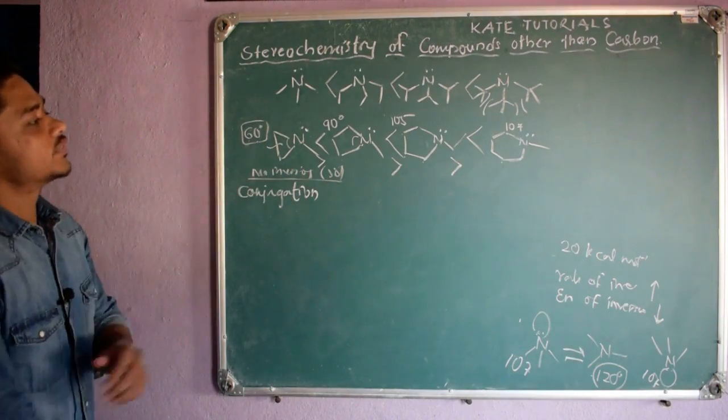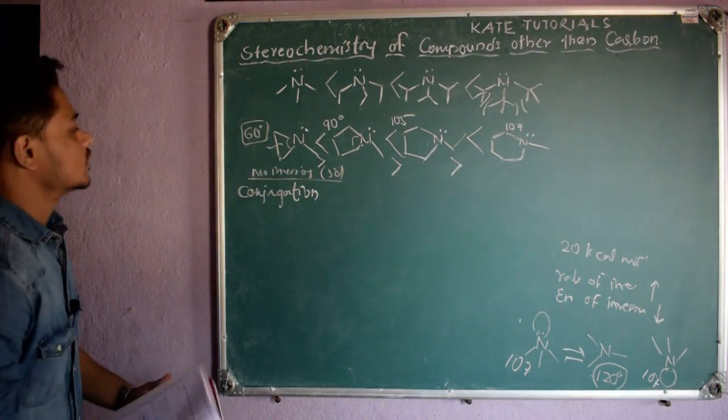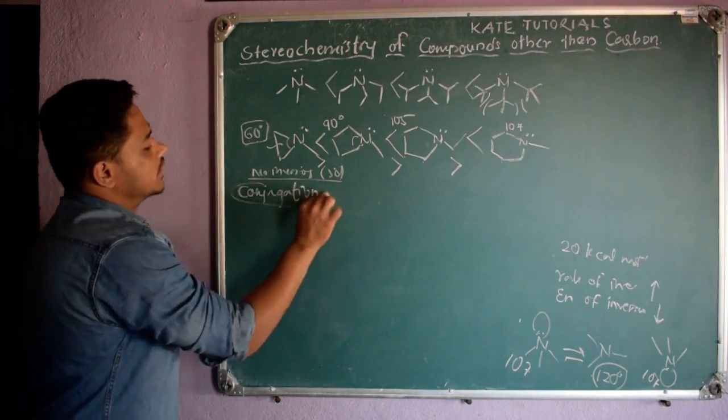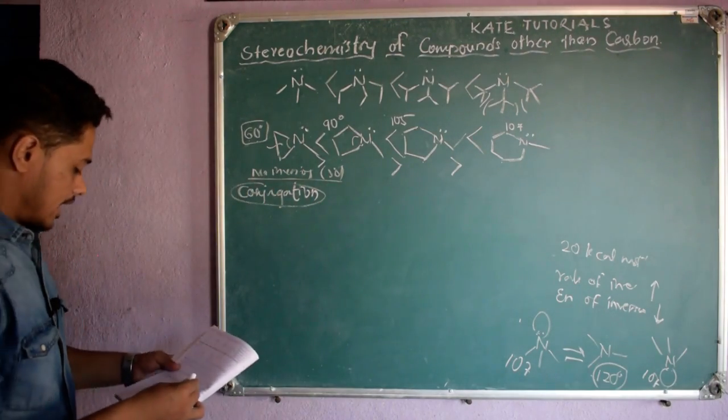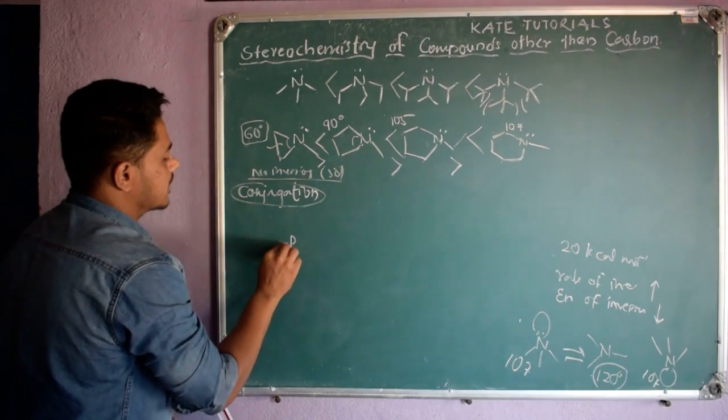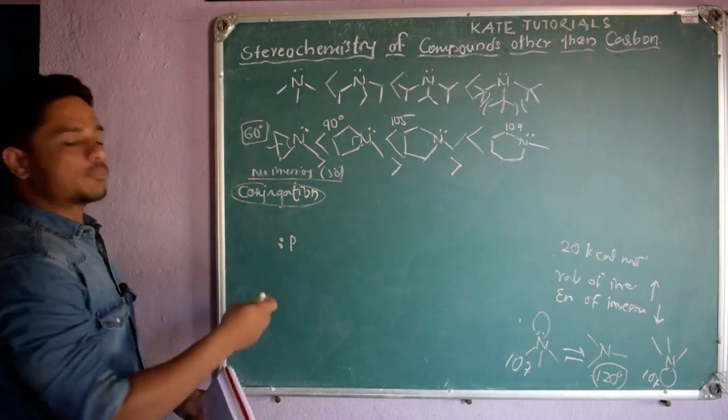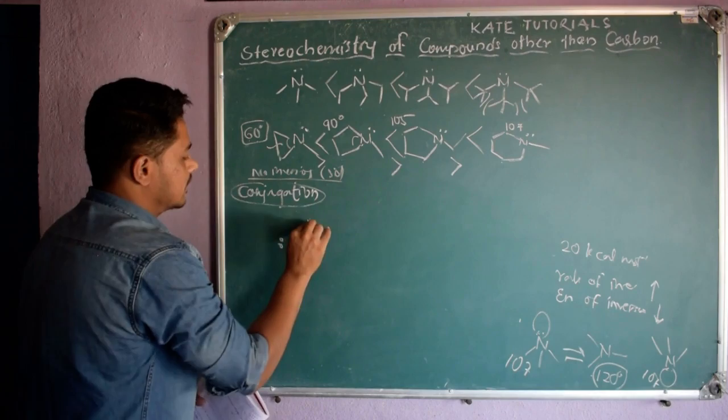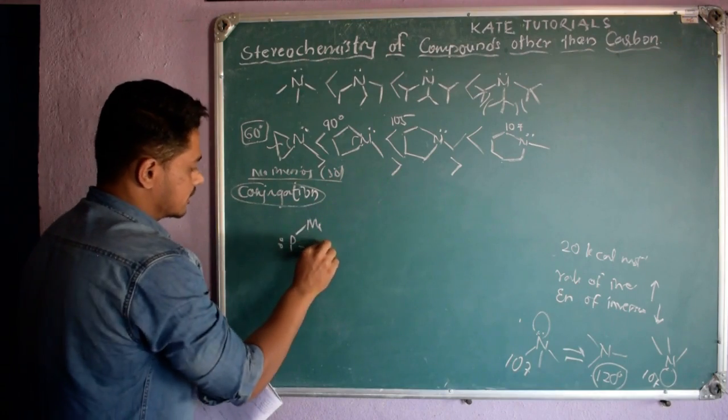These are the things we saw in the previous class. Now let us see the effect of conjugation. For example, here I have a molecule like this, where they have taken phosphorus. We shall also discuss what happens with phosphorus.